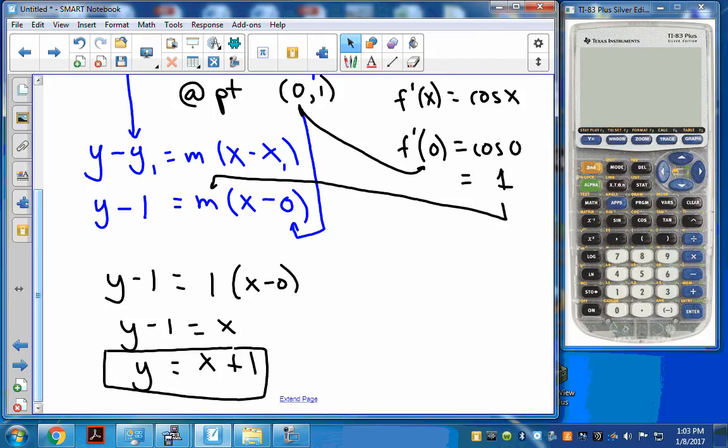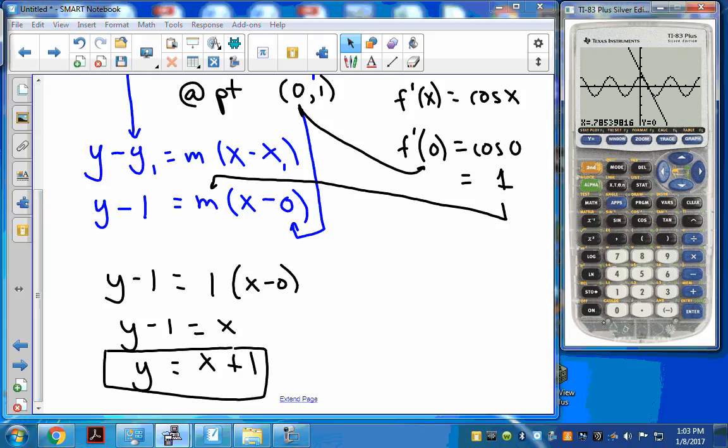Remember, the calculator does this. If you have access to the calculator, access to the technology, you can do this very easily. You type in the equation, which was 1 plus the sine of x. Here it is in the trig window. Zoom 7 is the trig window. Okay, sine wave. And we're trying to draw the tangent line when x was equal to 0.